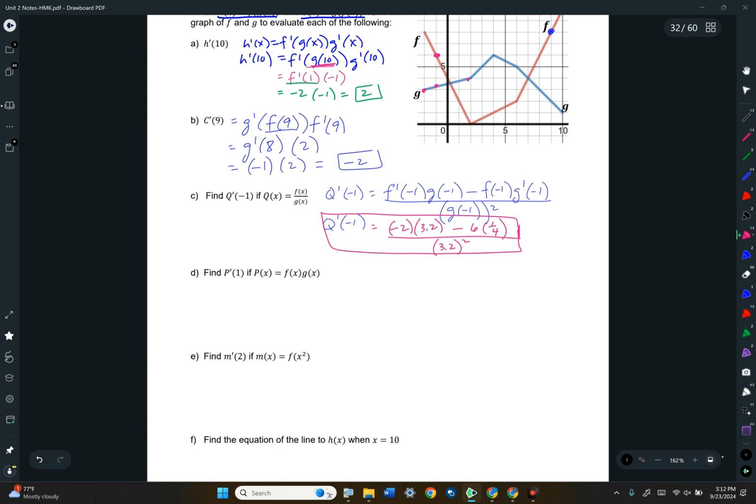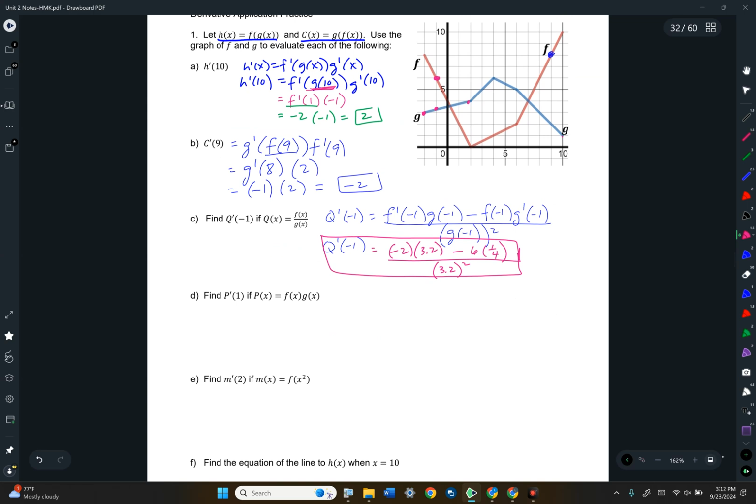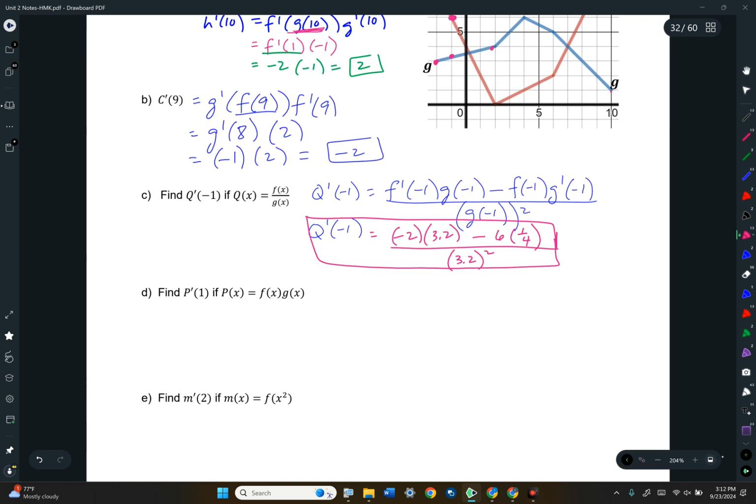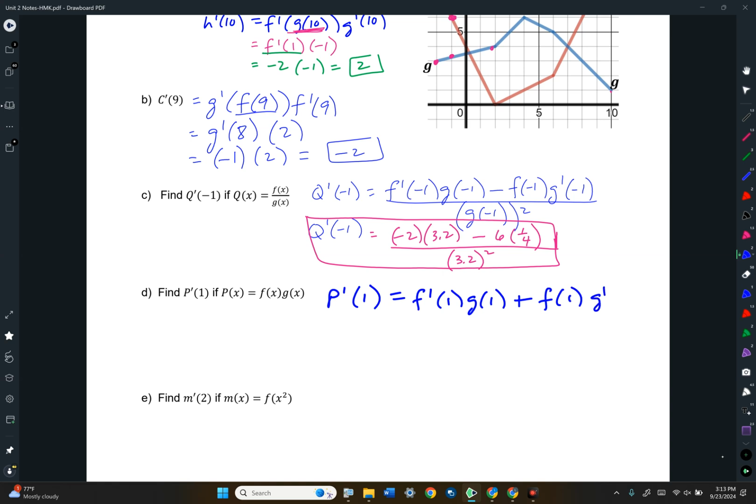Okay, letter D, find P prime of 1. So can you handle this? Let's go straight to our product rule and plug in a 1 for everywhere we see an x. So we're going to say P prime of 1 is the derivative of the first times the second, plus the first times the derivative of the second. Notice instead of at x, I replaced all of those with a 1.